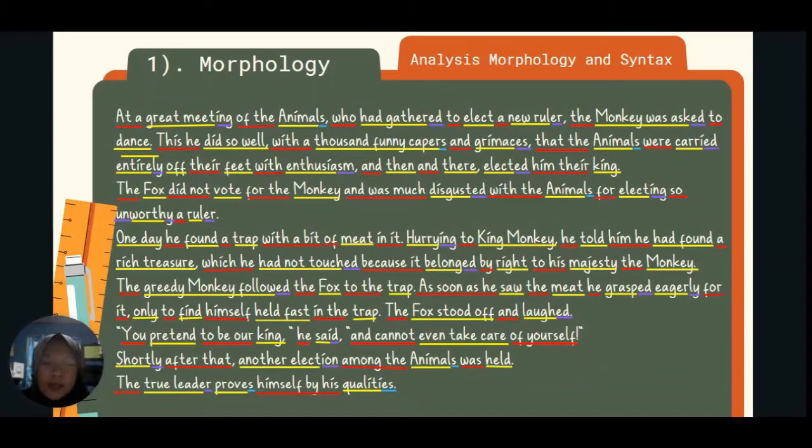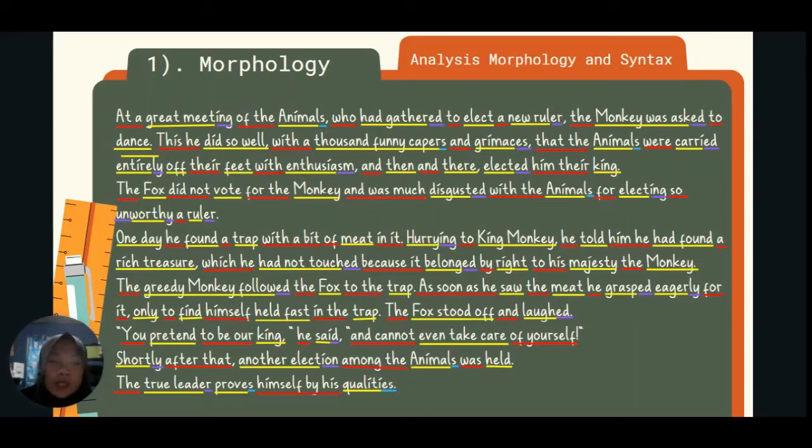Bound morphemes that are underlined in purple are included in derivational morphemes because if these words are attached to other morphemes, they will form a new word. For example, the word ing. If it's attached with meat, it will form a new word or a new meaning.